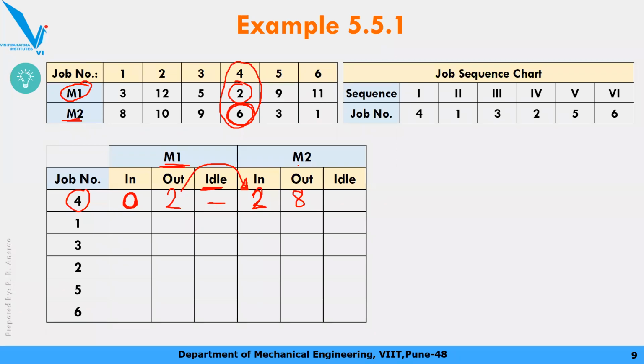But machine 2 will start after the job on machine 1 is over. अब देखो यहाँ का इन टाइम कितना है, 2 मिनट. मतलब पहले वाले 2 मिनट मशीन 2 आइडल है, it is waiting for job to complete on machine 1, वो उसका वेट कर रहा है. सो द आइडल टाइम हियर इज 2 मिनट्स, machine 2 is idle for 2 minutes. So this way you fill the chart.